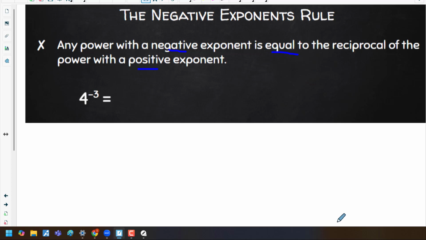Positive, negative, equal, reciprocal. Anyways. 4 to the power of negative 3. If I wanted to rewrite that with a positive exponent, I need to take the reciprocal. The reciprocal means you flip the fraction. What if there is no fraction? Well, make a fraction. Any number can be written as a fraction. Remember? So flip that fraction.